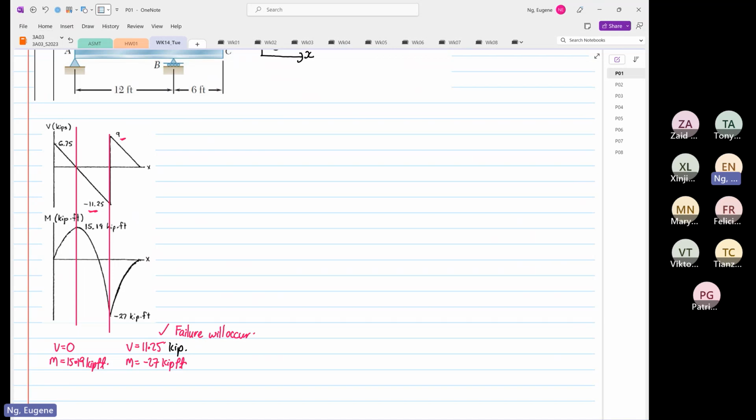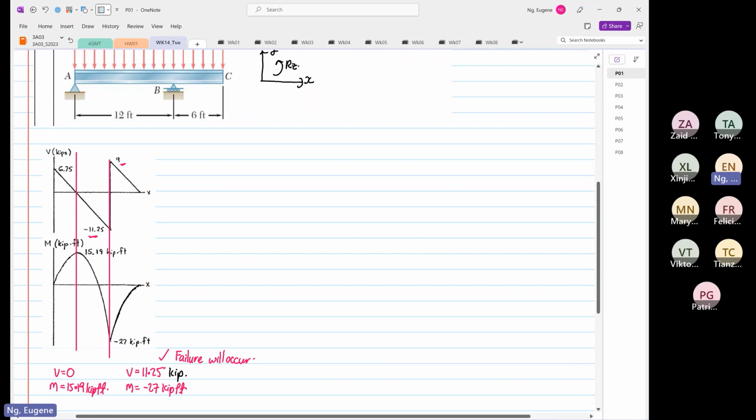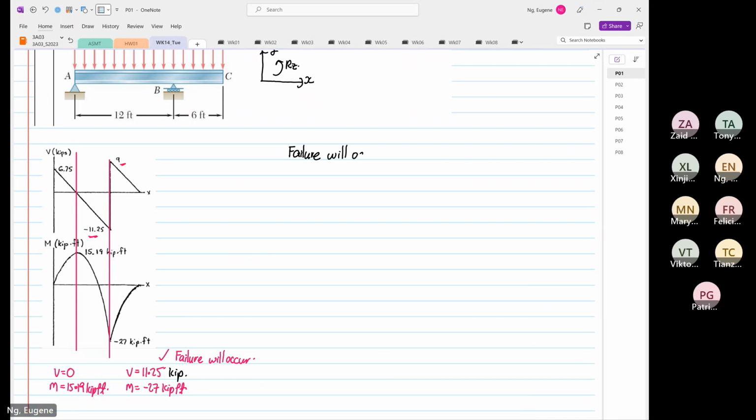Failure will occur at Vmax, which is equal to 11.25, and Mmax, which is equal to 27 times 10 to the power 3. We have to multiply by 12 because it's all in inches.